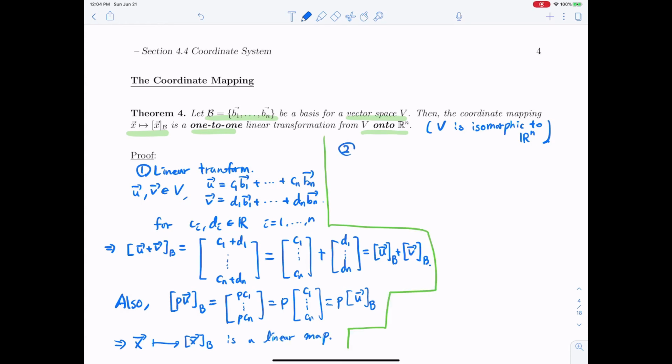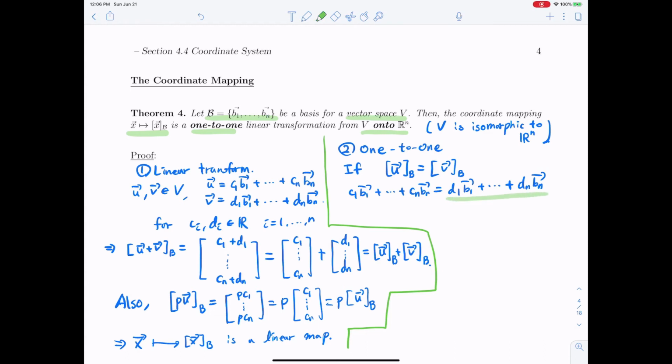Furthermore, this map is 1-to-1 because, if you let the B coordinates of u and v be the same, then this tells you that c1 b1 plus so on plus cn bn equals d1 b1 plus so on plus dn bn, because c sub 1 through c sub n are the same as d sub 1 through d sub n.